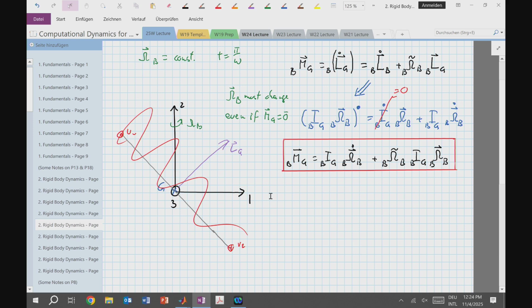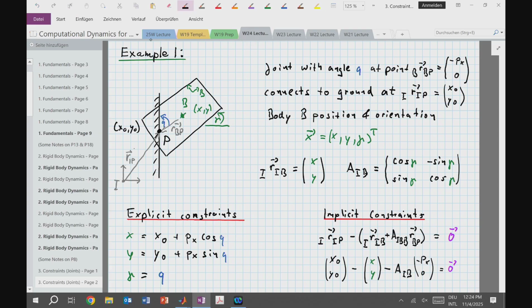Still asking ourselves, how does it move? But now we know there has to be an acceleration.